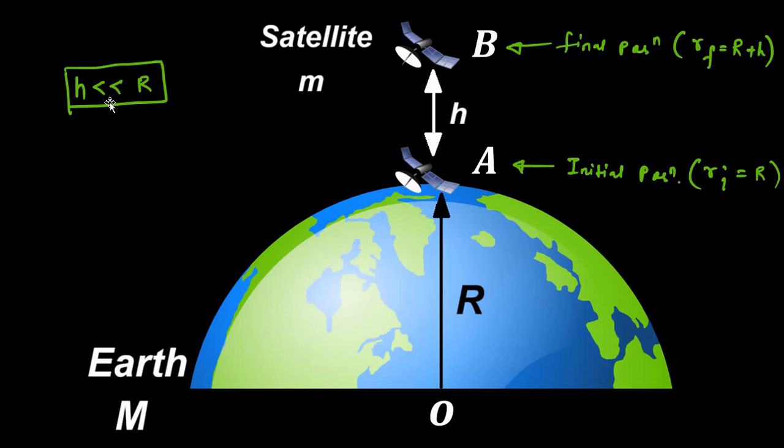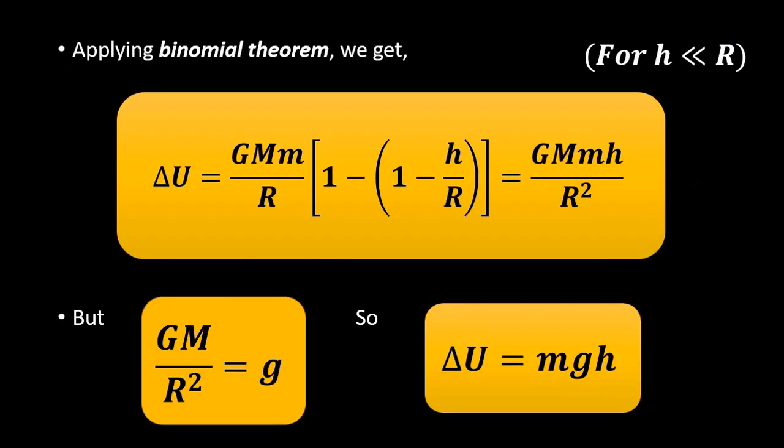This whole thing is valid only when this condition is satisfied. When the height goes greater than the radius of the earth, this equation is not valid. It is only valid when the height is considerably lesser than the radius of the earth. Only then can we apply the binomial theorem here.